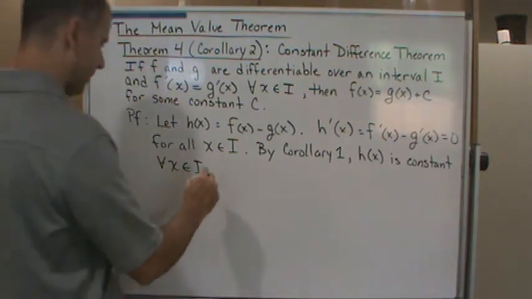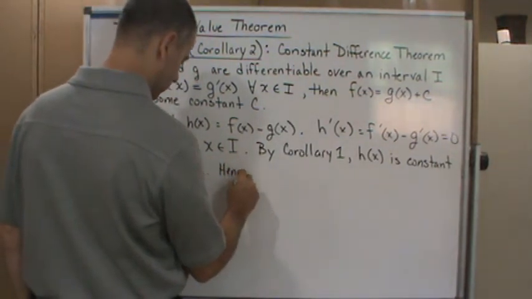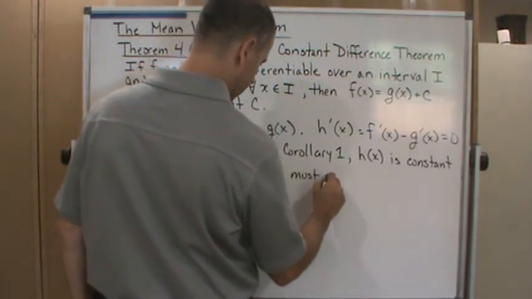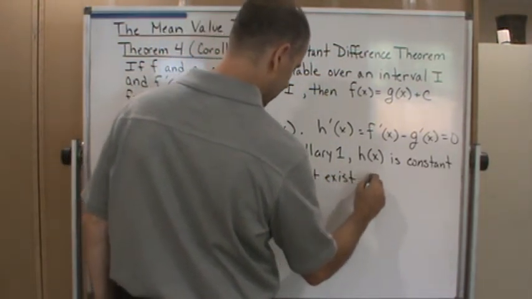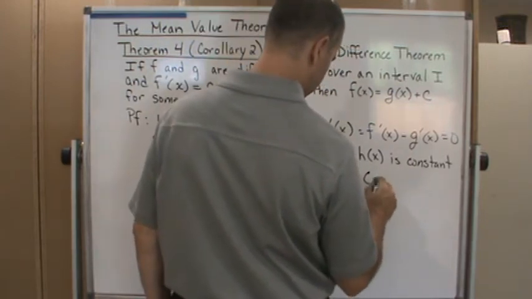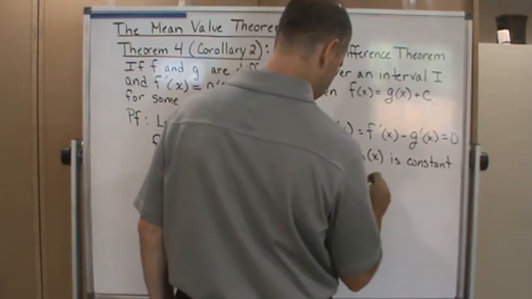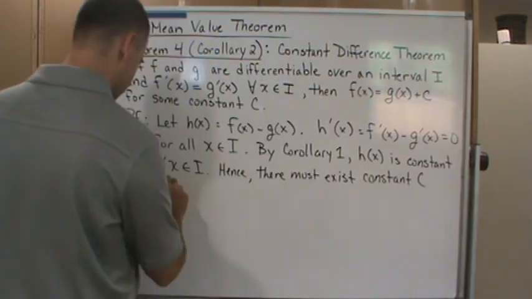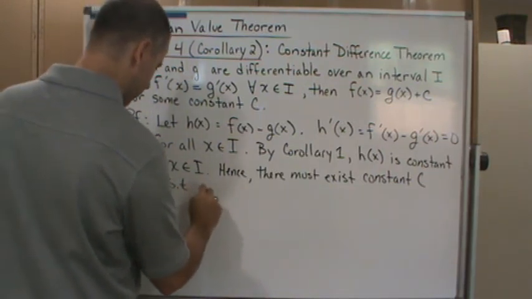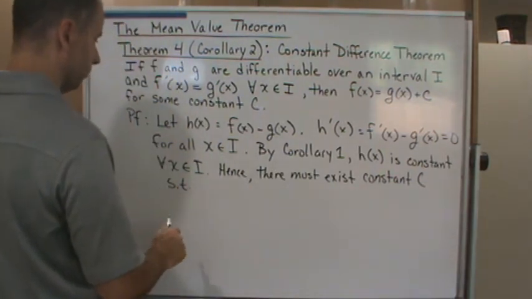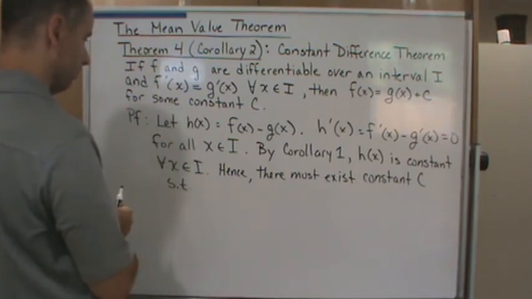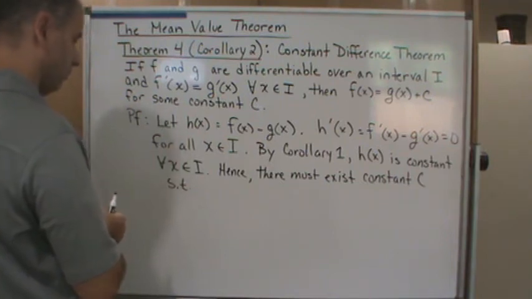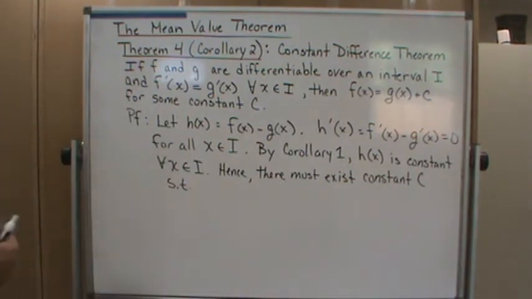Which means, hence, there must exist a constant C such that, it's just constant, right?